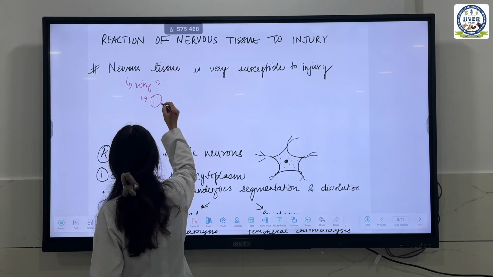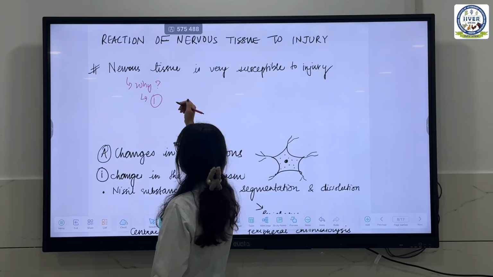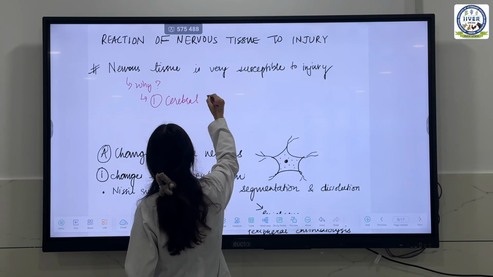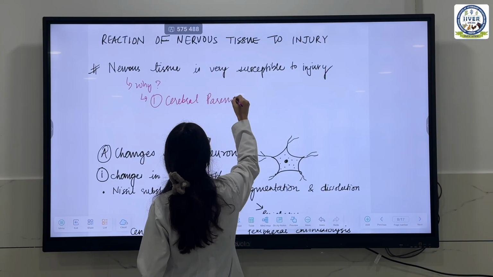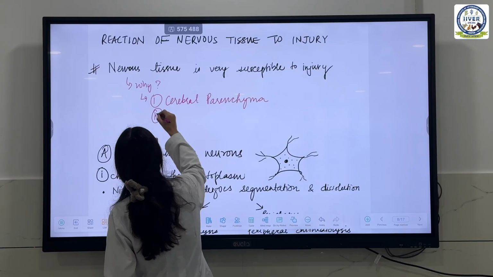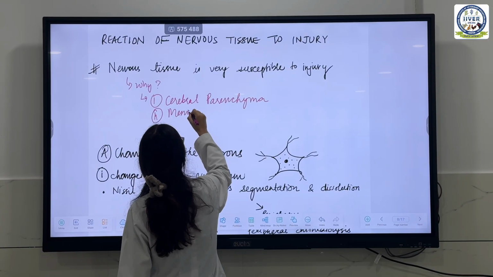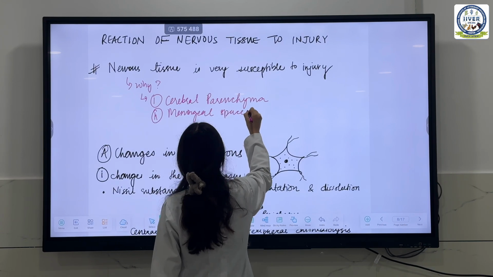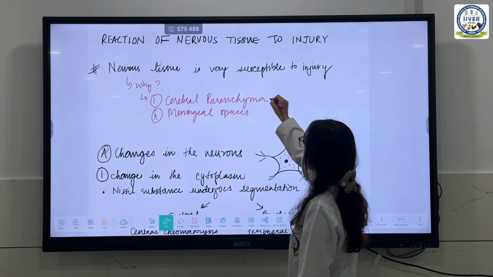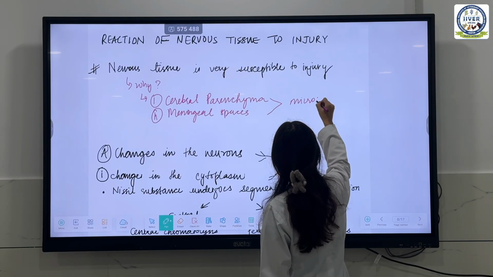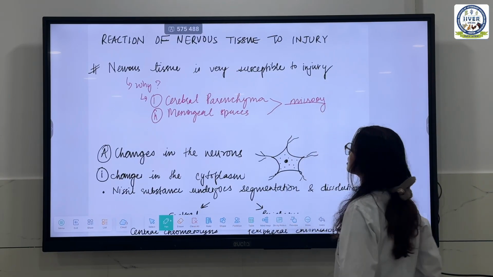The first reason being the spaces in the brain, for example, your cerebral parenchyma and your meningeal spaces. So these two spaces are excellent for the growth of microorganisms. So they are very susceptible to injury.